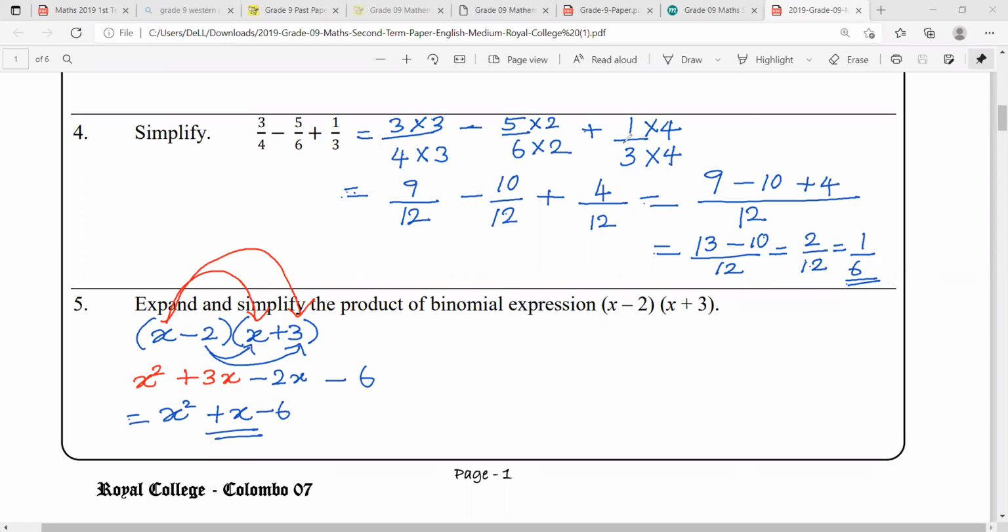This is the answer. So I think this is so simple. And let's go to the next question.